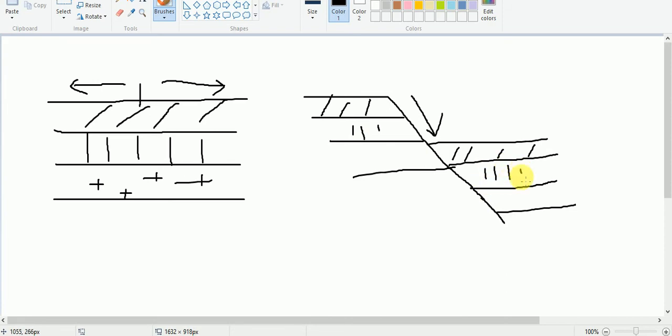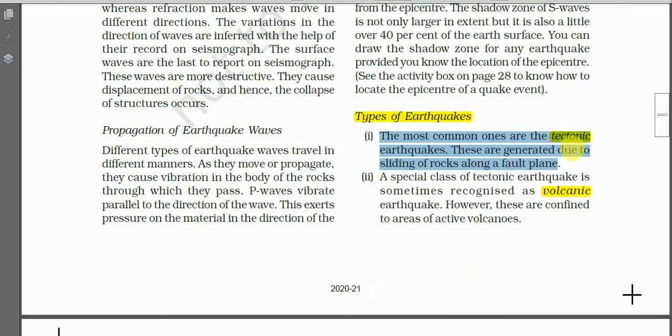So this is known as faulting, and because of this sliding of the rocks along this fault line, energy is released, and because of that shaking and trembling of the earth surface occurs, and this is known as tectonic earthquake. Such type of earthquake occurred by sliding of rocks along a fault plane is known as tectonic earthquake.